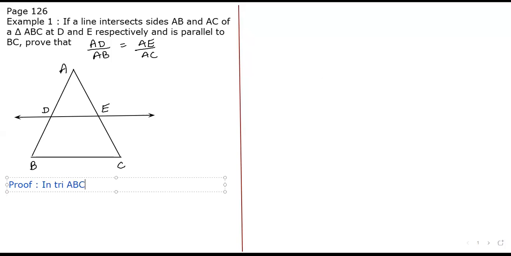In triangle ABC, they have given us DE parallel to BC, given. Always this will be the first line when you are going to use the BPT. Therefore, by the basic proportionality theorem, AD upon DB is equal to AE upon EC, out of which AD and AE I need.